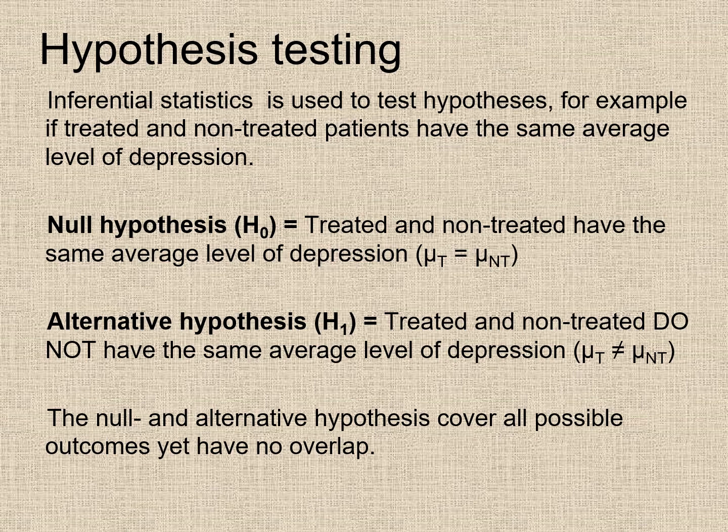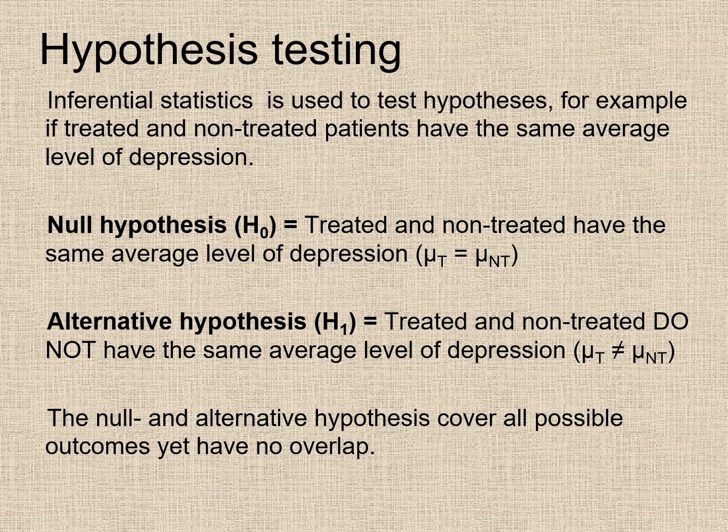The alternative hypothesis is then the opposite. So in this case, the treated and non-treated do not have the same average level of depression. The population mean for treated on the variable depression is not the same as the population mean on depression for non-treated patients.